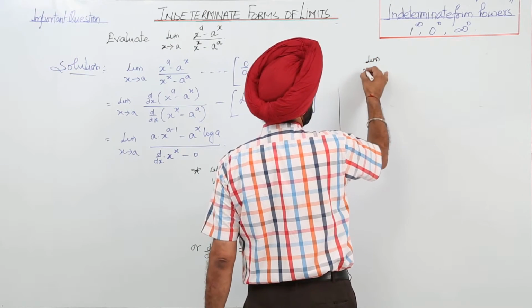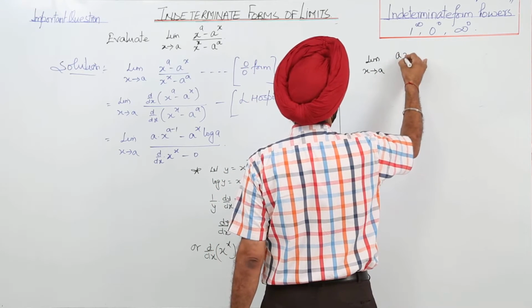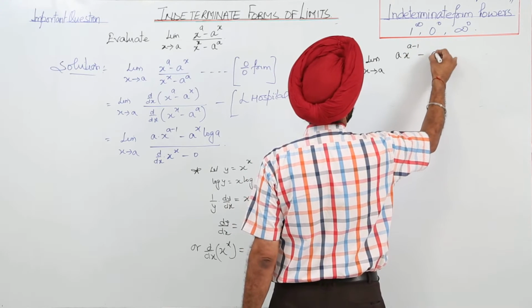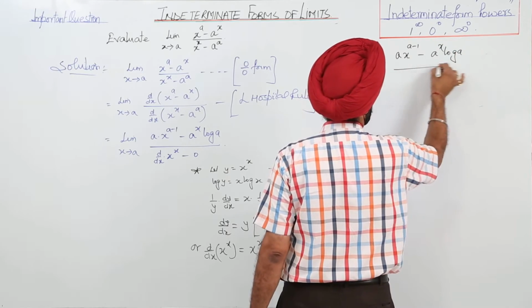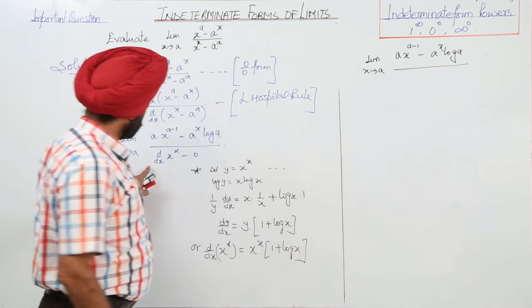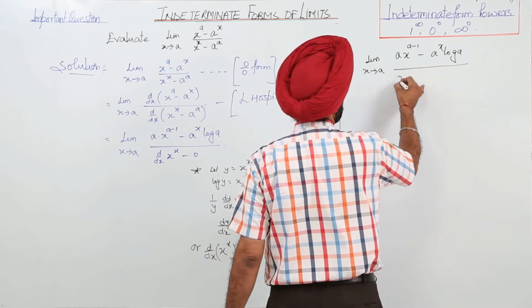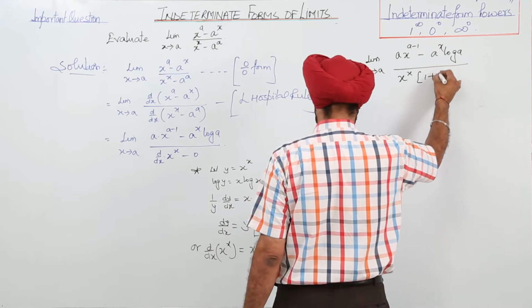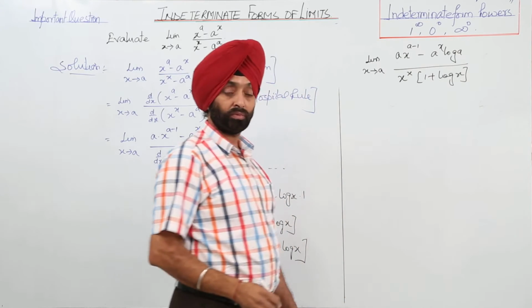Now limit x approaches a, a x^(a−1), negative of a^x log a, upon, now d by dx of x^x is what, this term, x^x (1 plus log x). Okay.